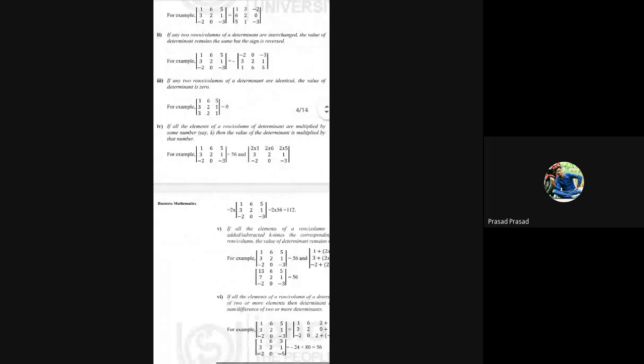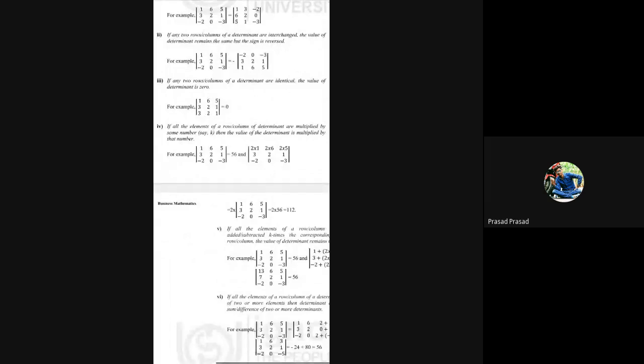So suppose 2 is one case. 2 is a constant which is multiplied with the elements of the first row. Then you will get the answer accordingly.